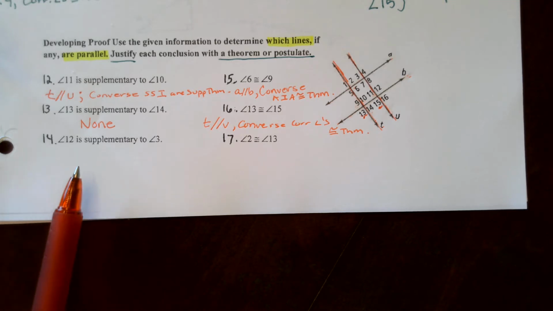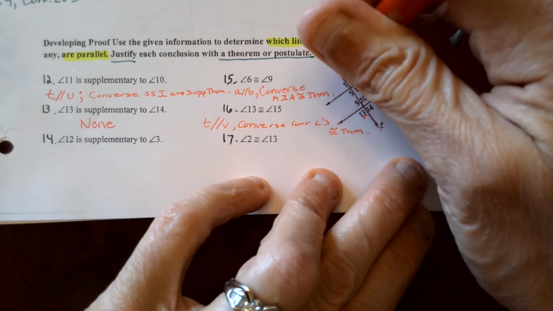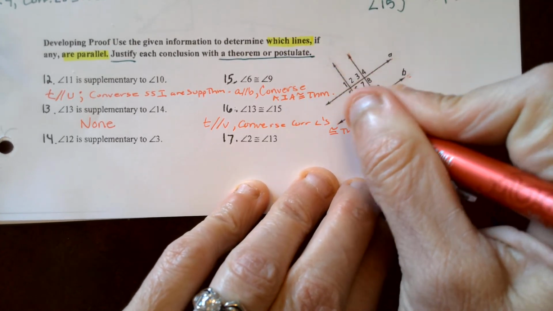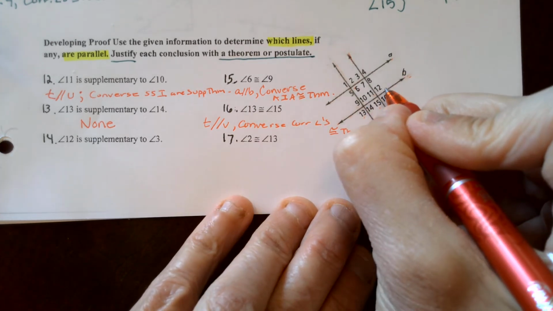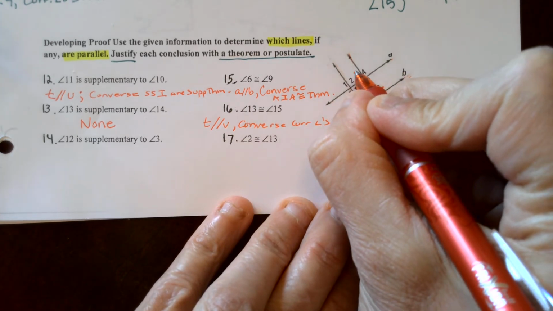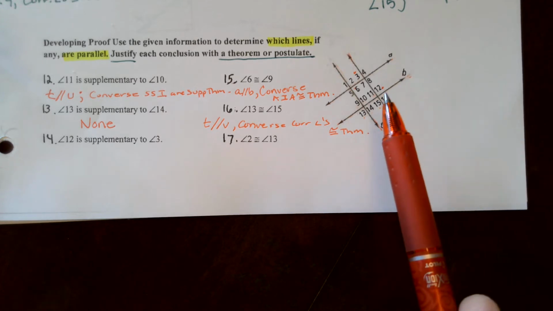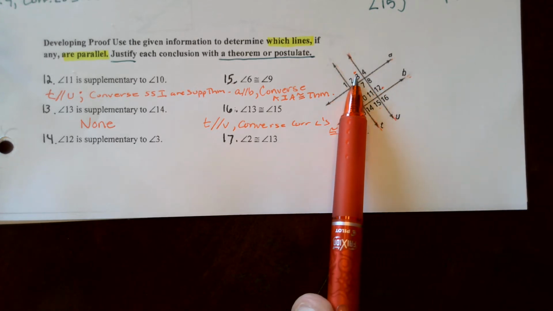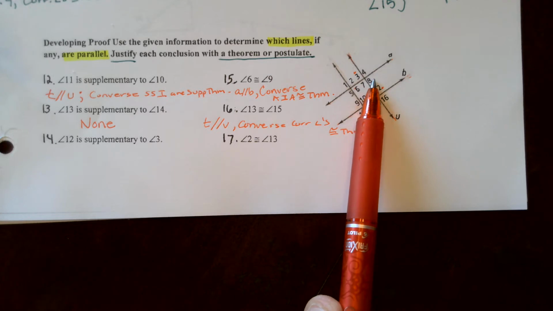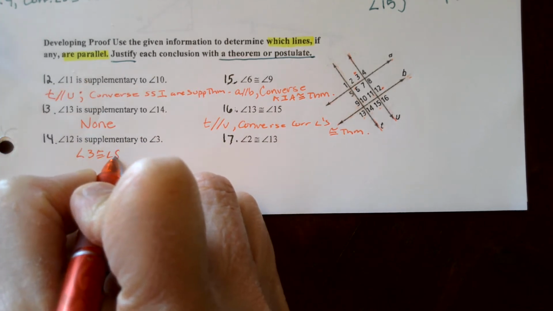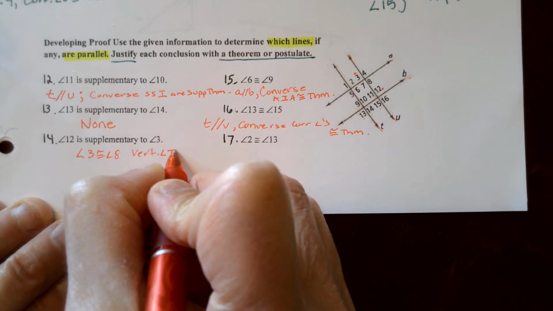All right, 14 says we have more supplementary angles. Where are they? 12, 3. Now, here's the truth. 12 and 3 is a little tricky because you could say 3 and 8 are the same. I'm just going to write it so you can see what I'm saying here. Angle 3 is congruent to angle 8, vertical angle theorem.